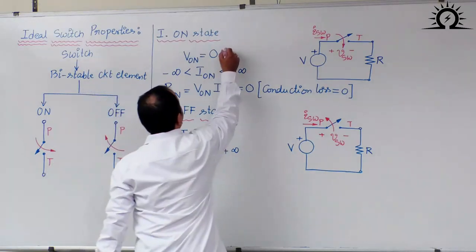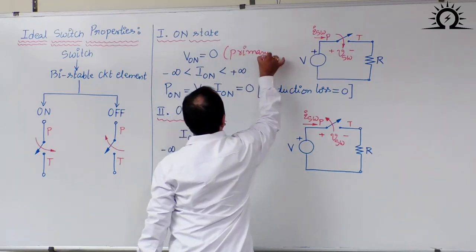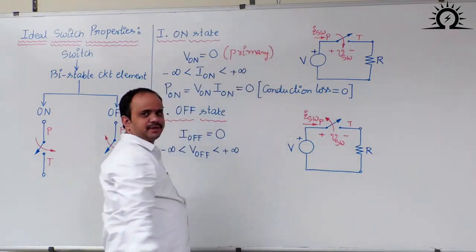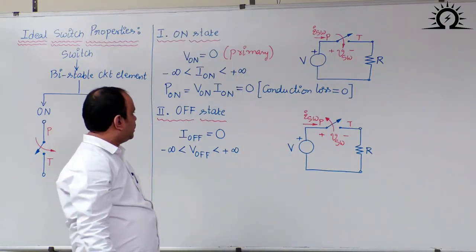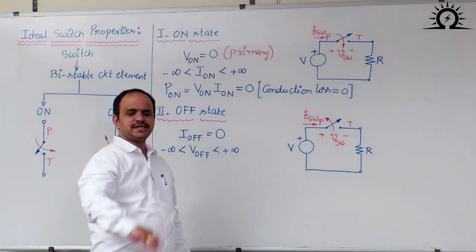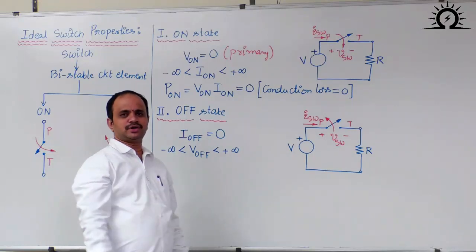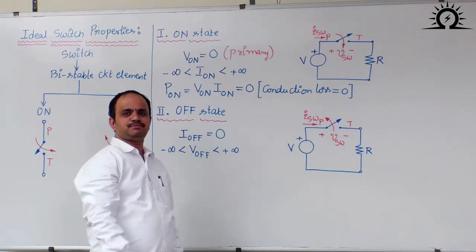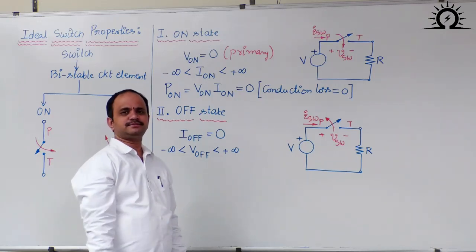So this is the primary property for the switch to be considered as on state. For example, I will give you another scenario. One switch is blocking 100 volt, carrying 0 current. Another switch is blocking 200 volt, carrying 0 current.